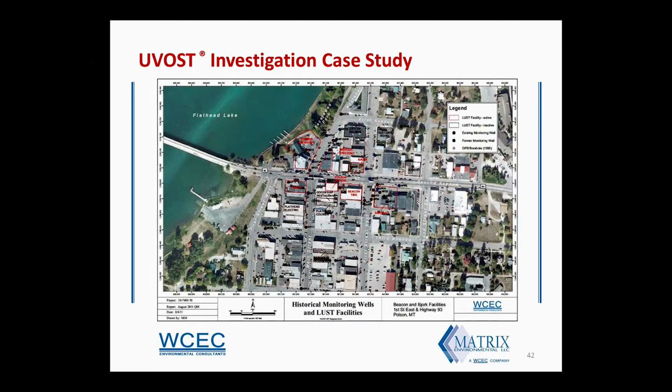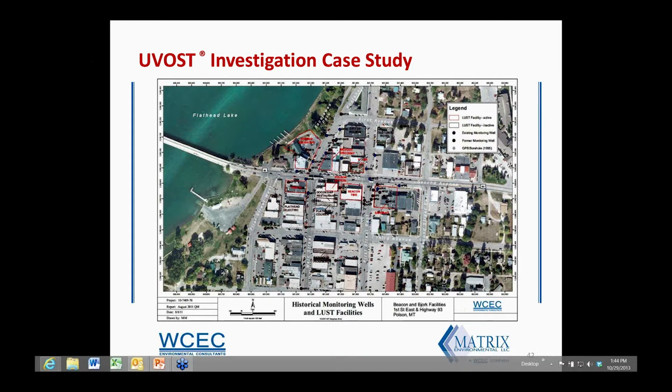Here's just a map view of the project area. Kind of the epicenter of the release area were these facilities that I've drawn in red. That's called the Four Corners area, where there were four high-volume petroleum, both gasoline and diesel, distribution operations.